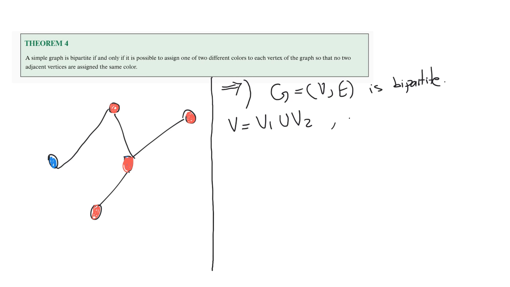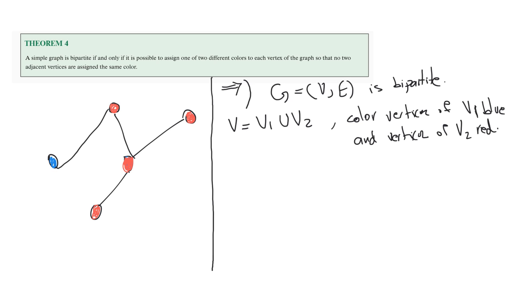Take V, color vertices of V1 blue, and vertices of V2 red.